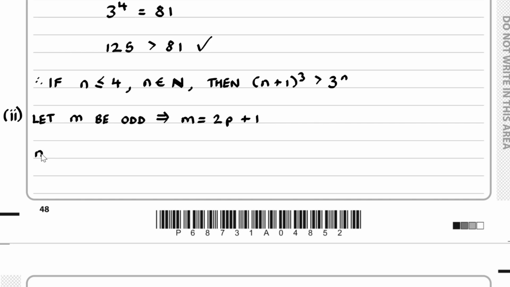So m cubed plus 5 is the same as 2p plus 1 to the power of 3 plus 5.